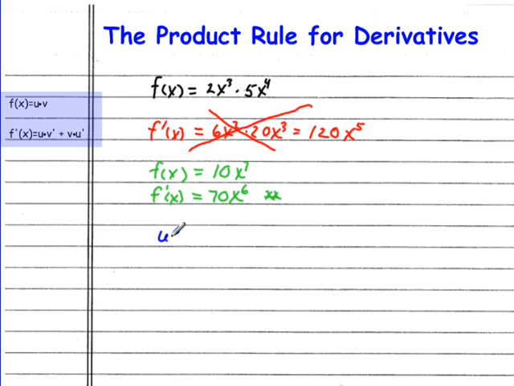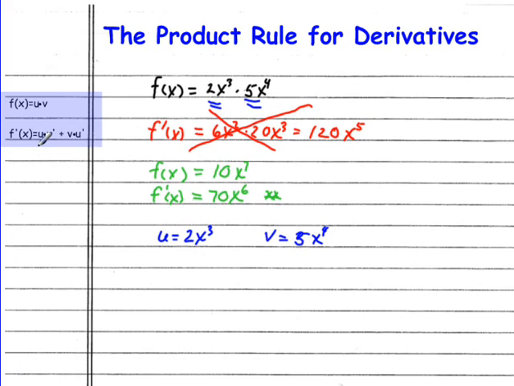Well, u is the first function that we have here, 2x cubed. And we need to identify v, which is the other expression we're multiplying with, and that's 5x to the fourth.